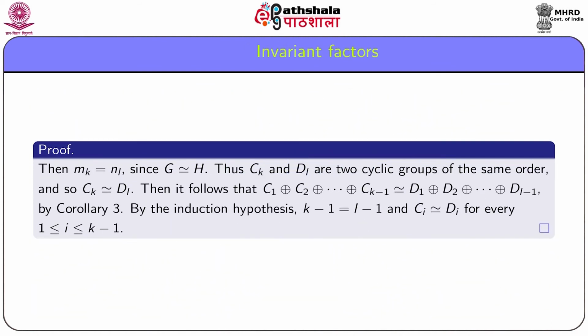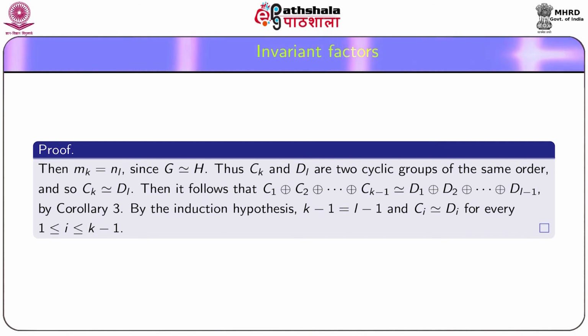Since G and H are isomorphic, the exponents Mk and NL are identical. Thus, Ck and DL are two cyclic groups of the same order, and so Ck is isomorphic to DL.